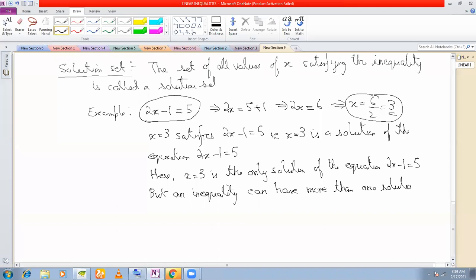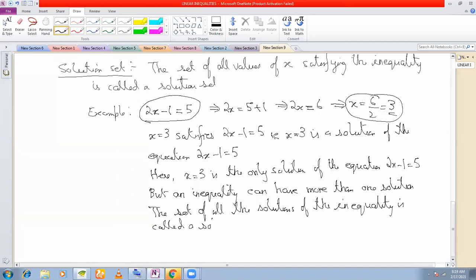The set of all the solutions of the inequality is called a solution set. So not only one solution, but you can have multiple solutions. And if you form a set of all these solutions, that set is called a solution set of the inequality.